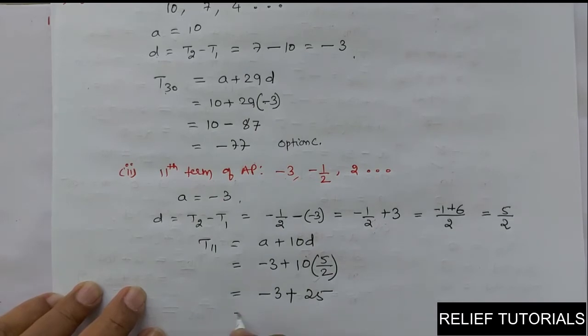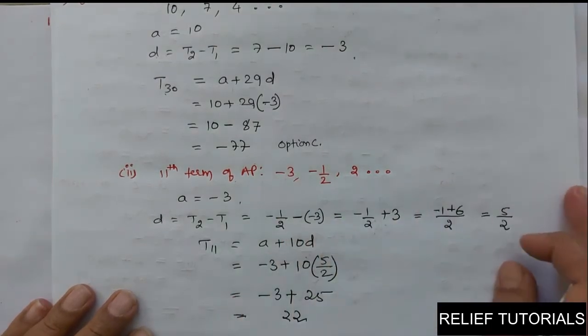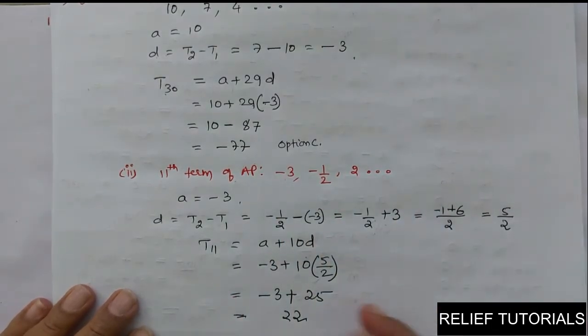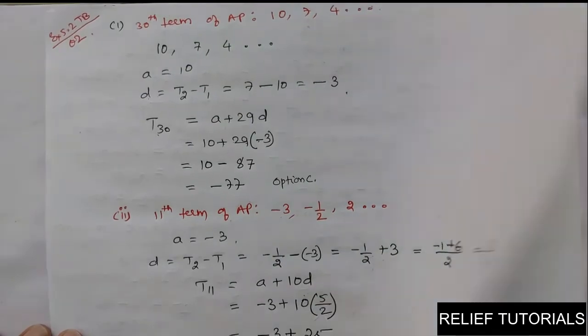So 25 minus 3 is 22. So the 11th term is 22 of this series. Have you got it, friends? So you see the miracle, you can find any term of this series in a fraction of seconds. So we have completed question number 2.